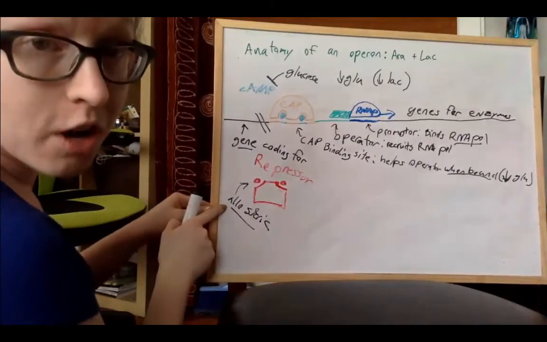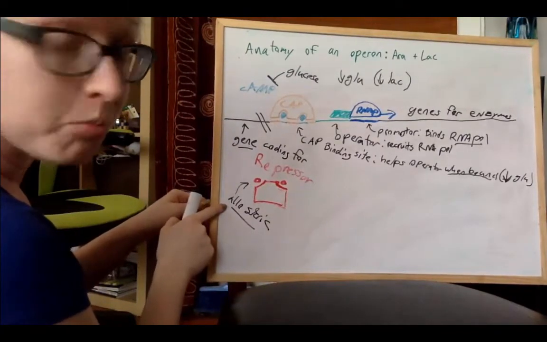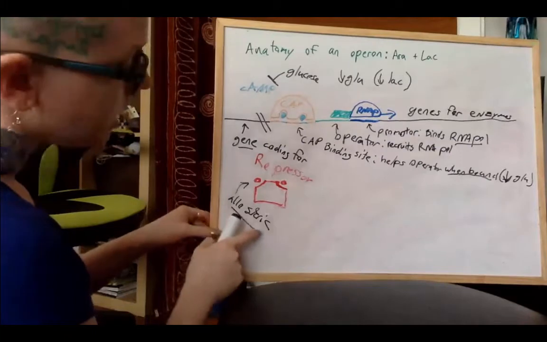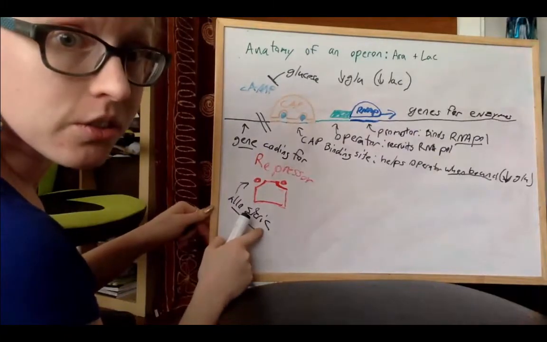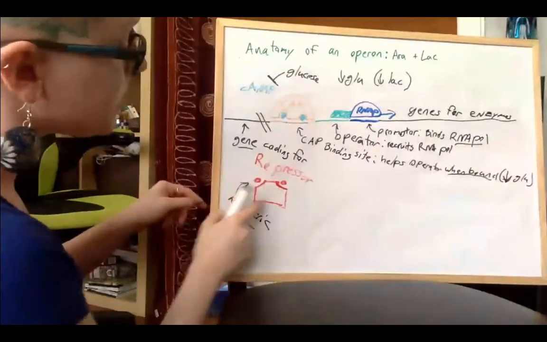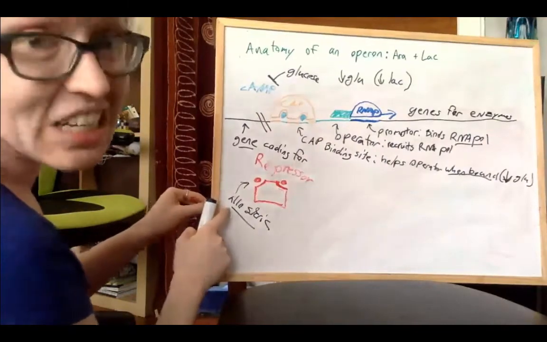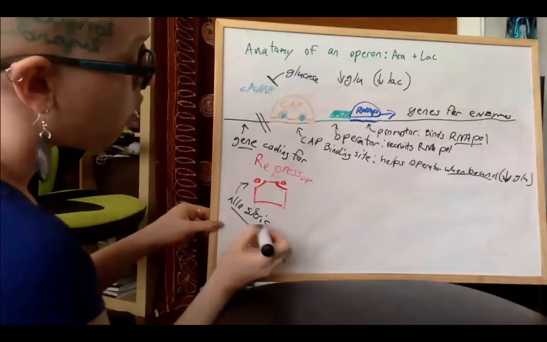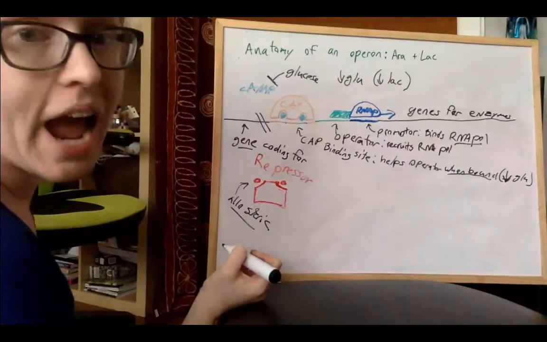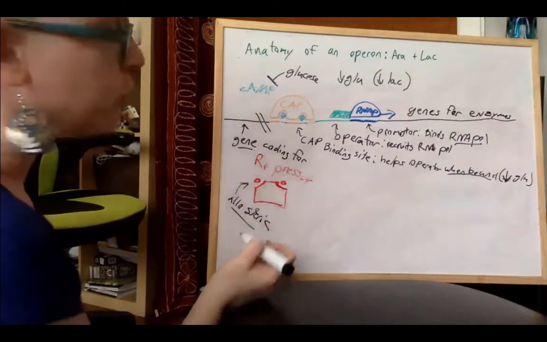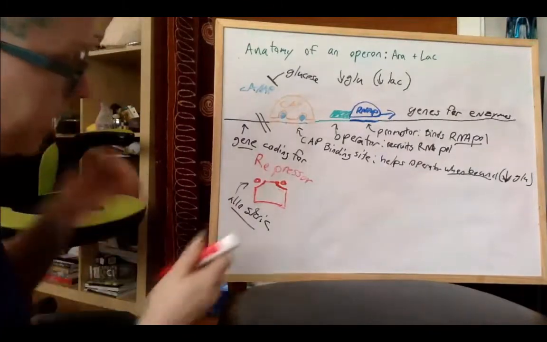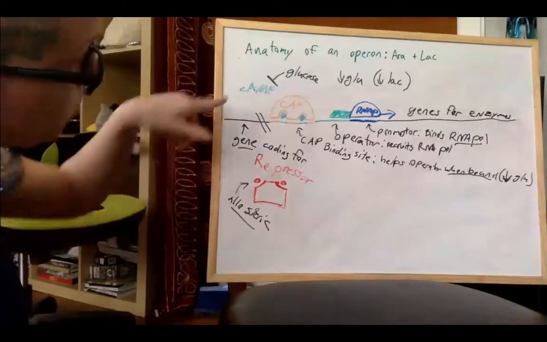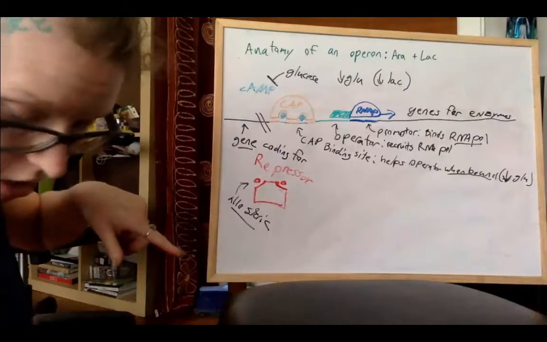Allo, if we remember from alloploidy, means various. Steric means locations. So allosteric means it's in a different location or in various locations. An allosteric regulator binds to an allosteric site, which is not the binding site. So I'll show you the difference. This is supposed to be green.